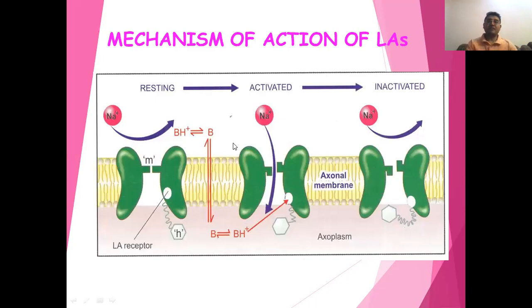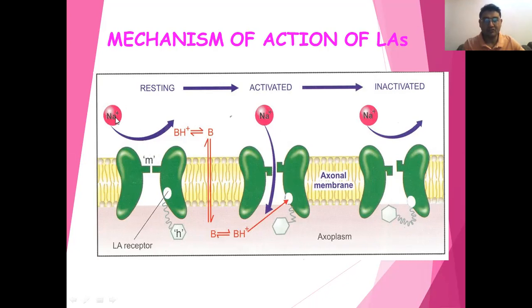What is the mechanism of action of these drugs? As you see in this picture, this side is outside of the neuron, this side is inside the neuron, and this is the cell membrane of the neuron. In resting position, there is no inflow or outflow of sodium.